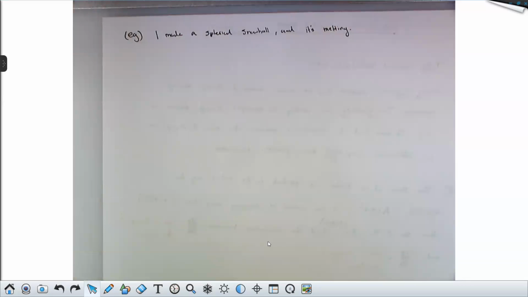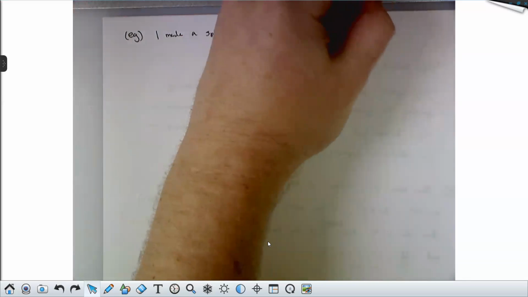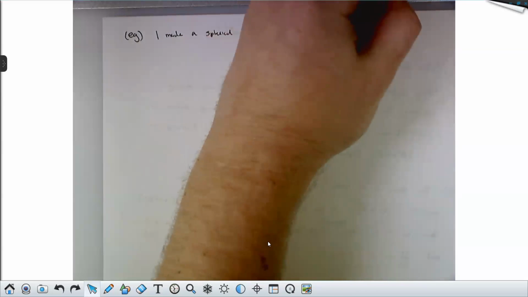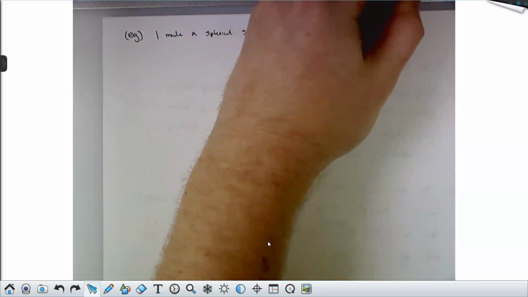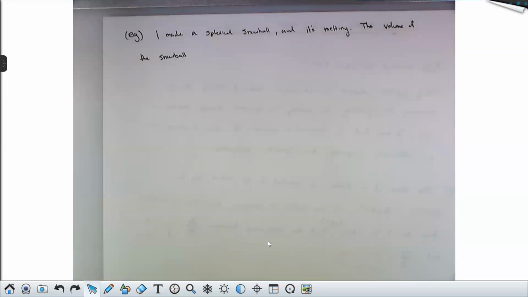And maybe I have a little graduated cylinder underneath where my snowball is sitting. And I measure how quickly the water is dripping off the snowball. So I know the volume of the snowball. 4/3 pi r cubed. Yep, we'll get there. But let me go ahead and state the rest of the problem.